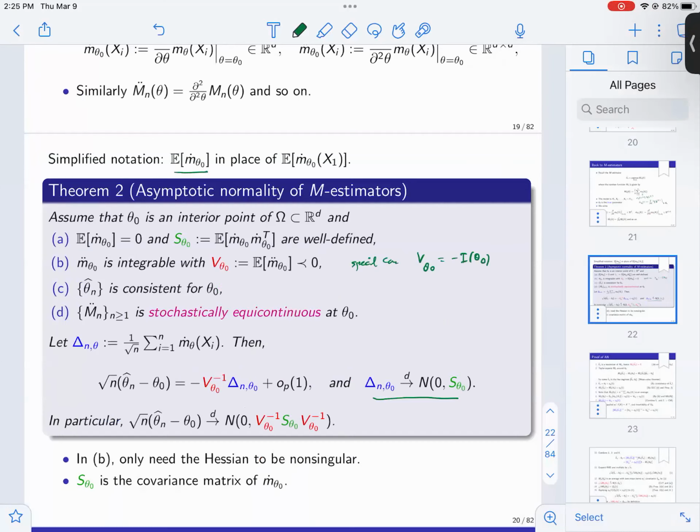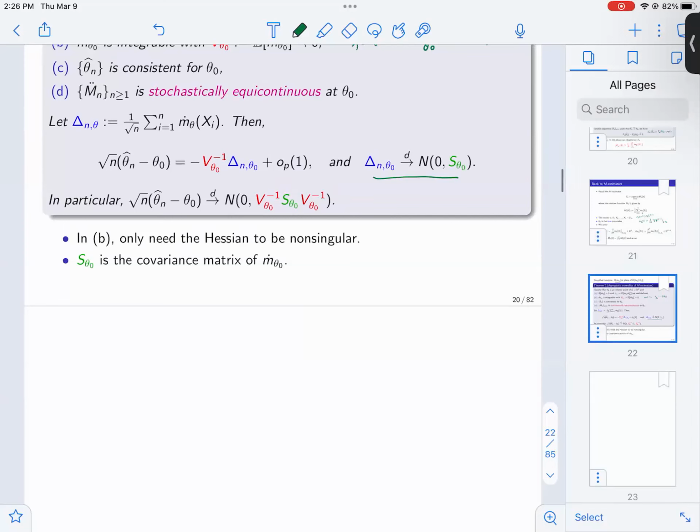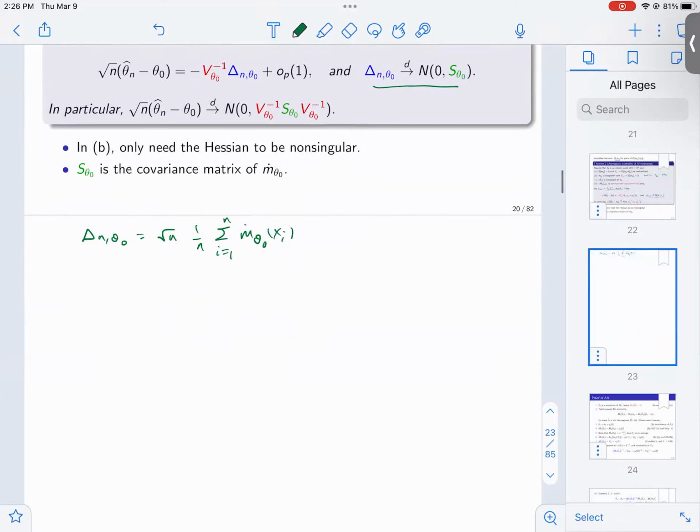Delta is a function of theta as well. So what we're thinking of is the expansion at theta naught, a particular point. So this guy would be 1 over root n, summation i from 1 to n of m dot theta naught x_i. So this is like an empirical average or sample mean.